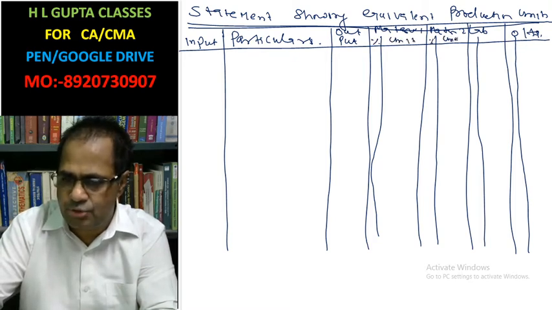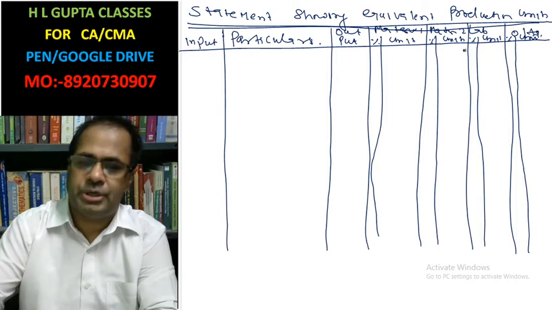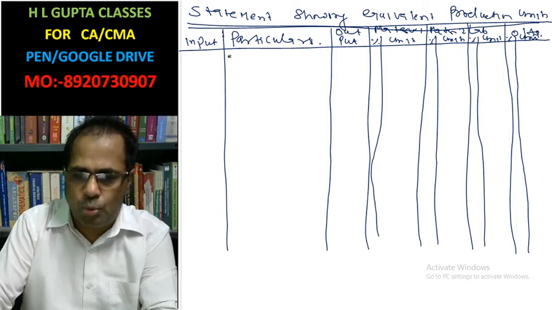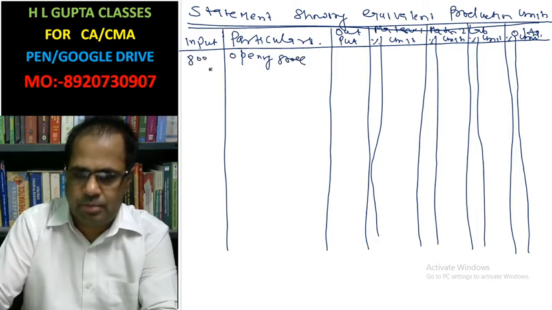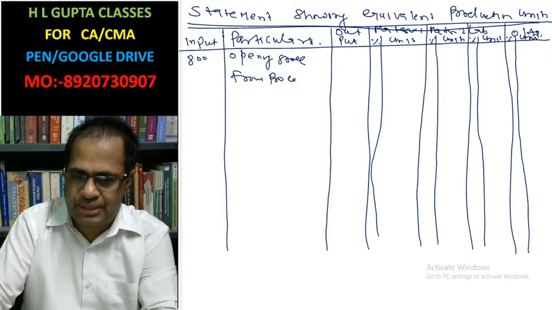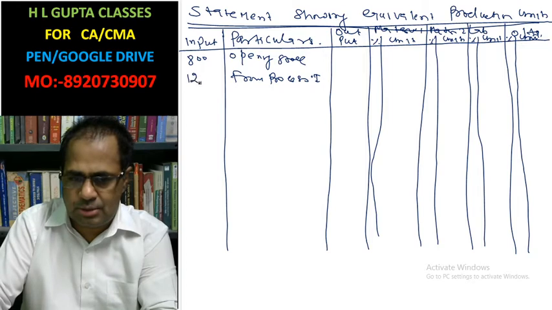Here you write opening stock 800, from process first, this is 12,000.